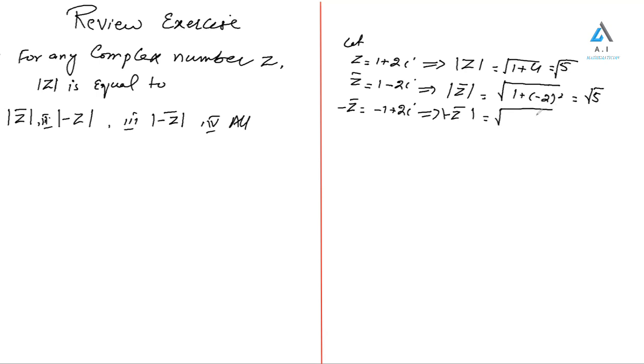So again, this one will be equal to minus 1 square plus 2 square. This one will equal 5. It means all are right. So our option will be all.